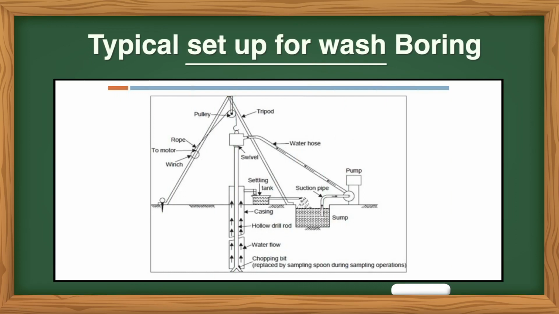You can see the tripod to support the drill arrangement, water hose for flushing, pulley for support to rope and drill rod and drill bits, winches, a sump to collect water, and casing to prevent the drill hole from collapsing and for free rotation of drill rods and drill bits.